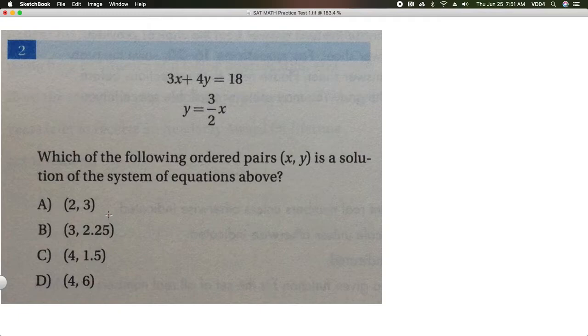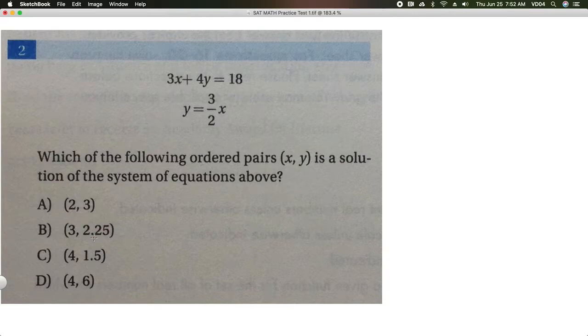One of the tips we can apply in choosing which among these four choices is probably the answer is to look for simple numbers, a very small number like 2 and 3.